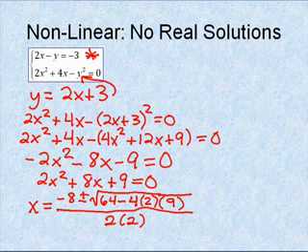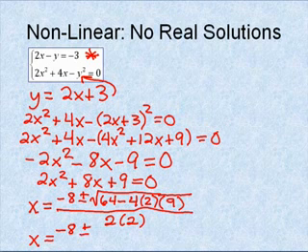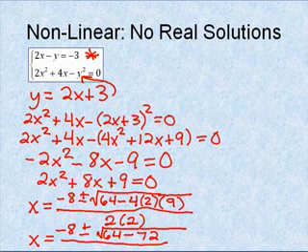So now I have x is equal to -8 plus or minus the square root of 64 minus 72, divided by 4.